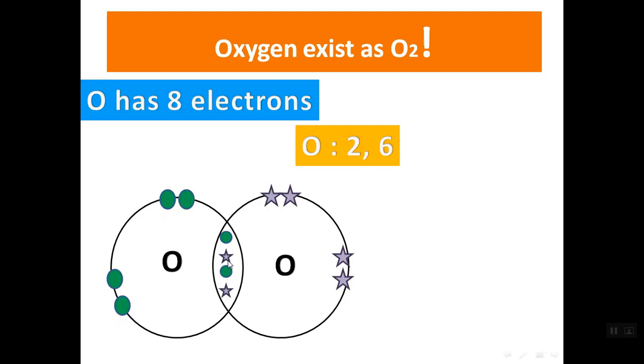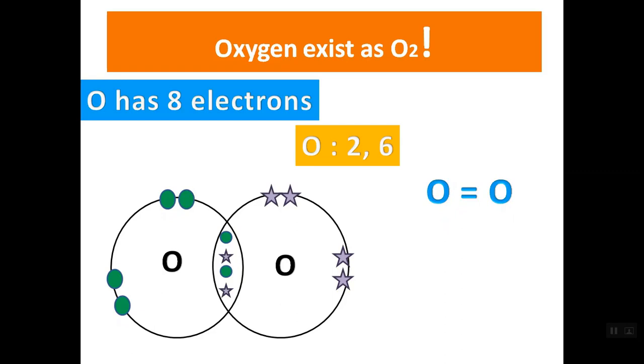Let's count the number of electrons around oxygen, starting from here: 1, 2, 3, 4, 5, 6, 7, 8. So 8 electrons around the first oxygen. What about the second oxygen? We have 1, 2, 3, 4, 5, 6, 7, 8. So these oxygen atoms are very happy and stable because their outer shells are filled with electrons, so they exist as O2, because O2 is a more stable form than a single oxygen.